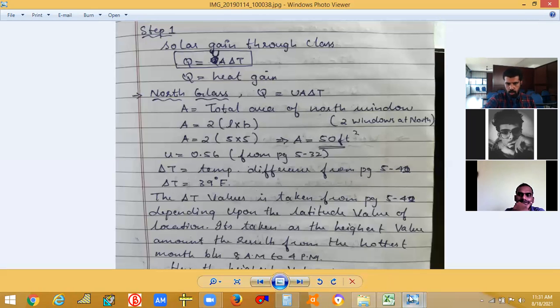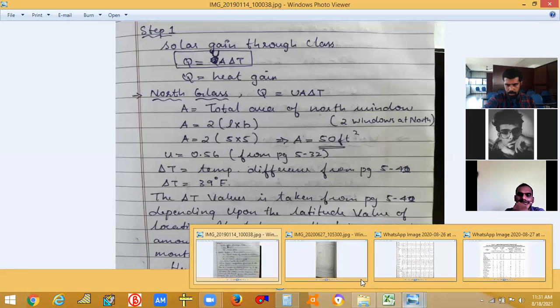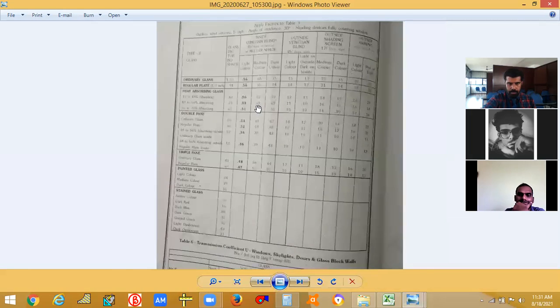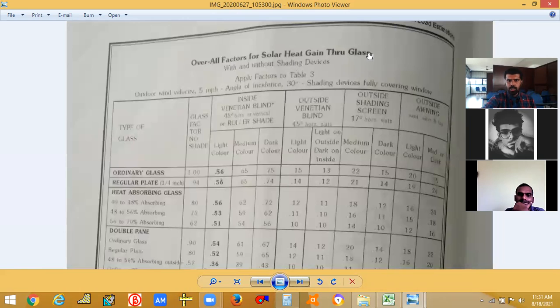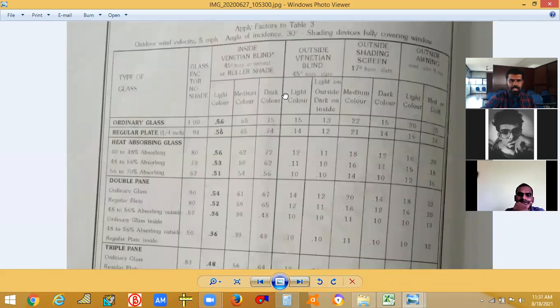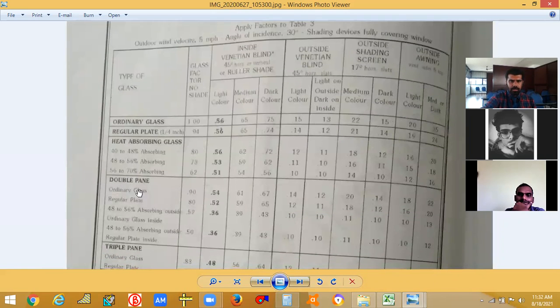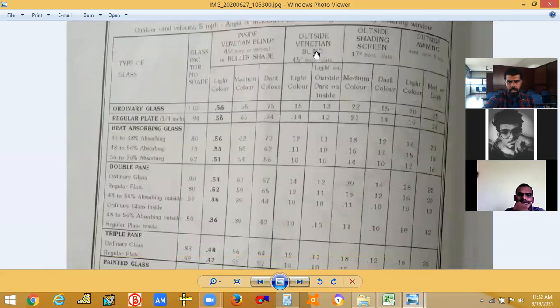So let me show you. Okay, this is the overall factors of solar heat gain through glass. So you can see type of glass here, and if there is no shade and shade is there.